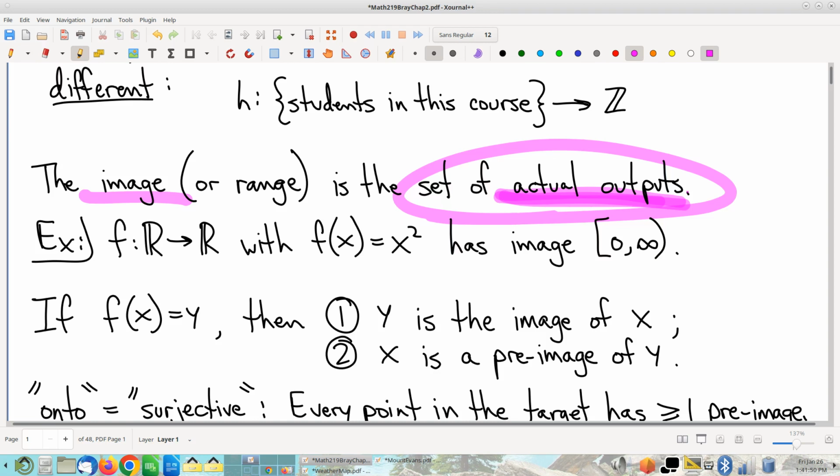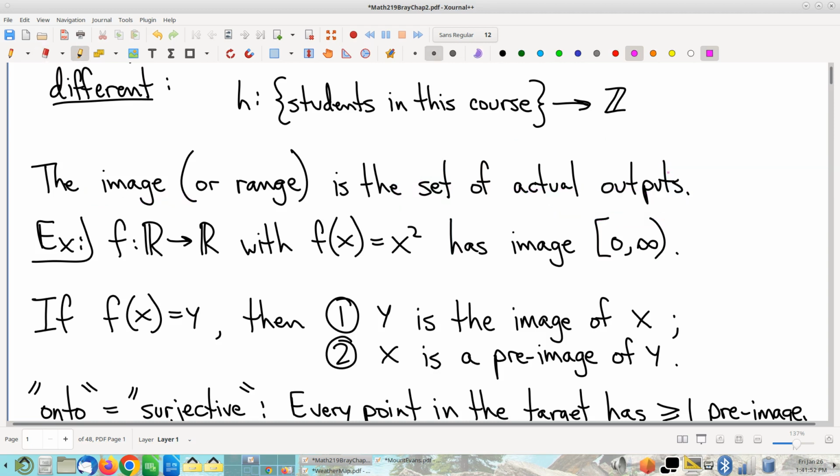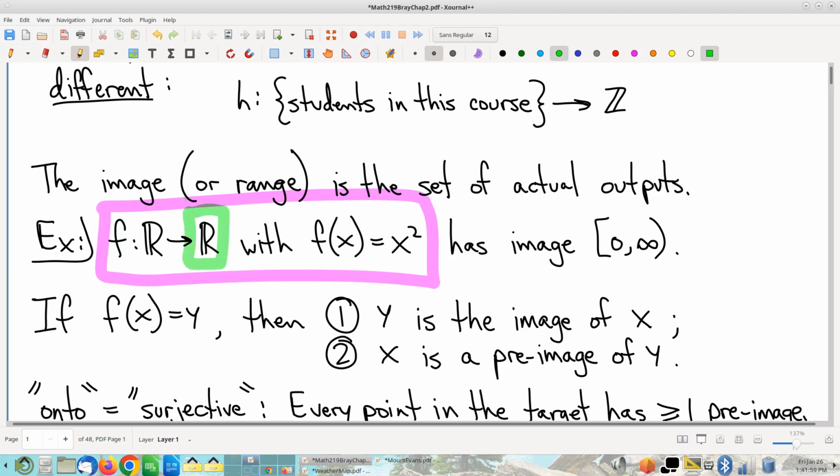So here's the contrasting example. Here is a function, a perfectly good function. The target, you see, is R. I've set this function up, as I have it defined here, where any real number is allowed to go in, and as far as I'm concerned, any real number is allowed to come out. So the target is all real numbers. But now let's think what actually comes out of this function.